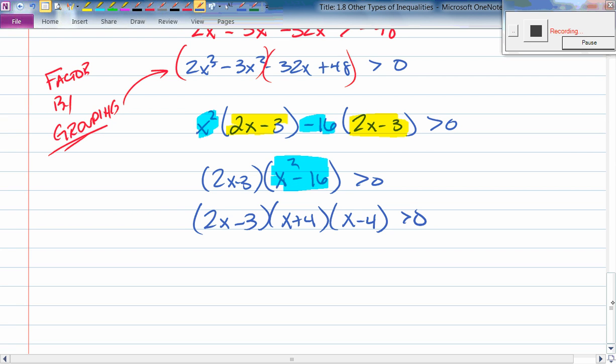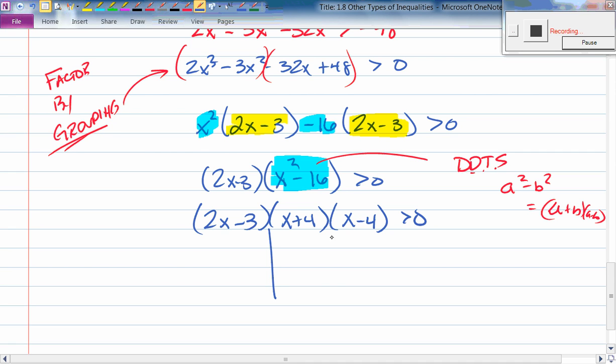This x squared minus 16 is a difference of two squares: a squared minus b squared factors to a plus b times a minus b. So it's not a perfect square, although 16 is a perfect square, which I think is what everybody meant. It's the difference of two squares.